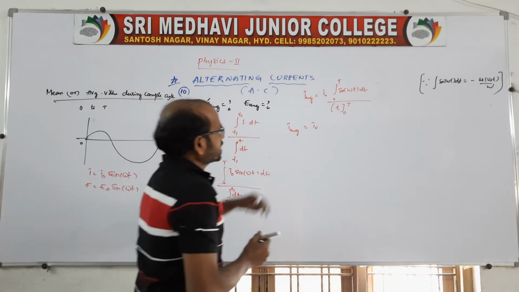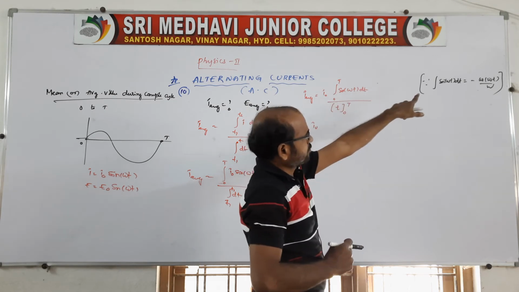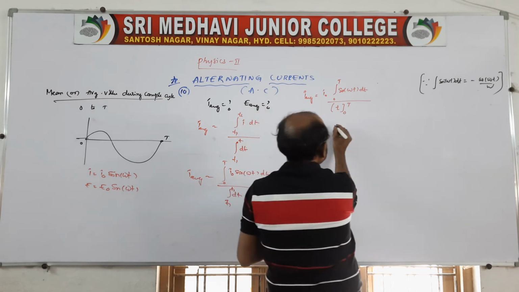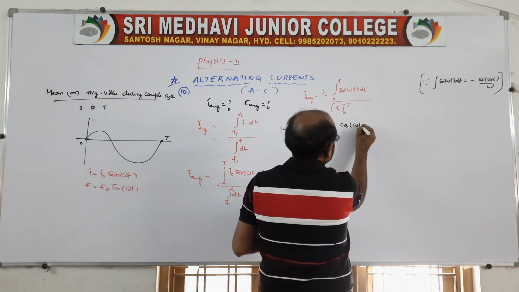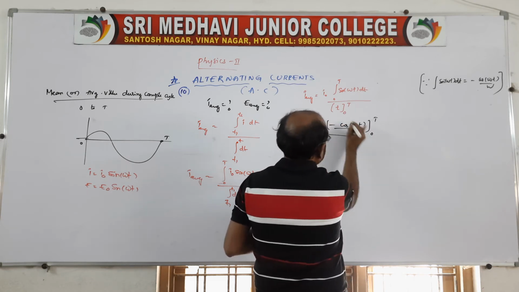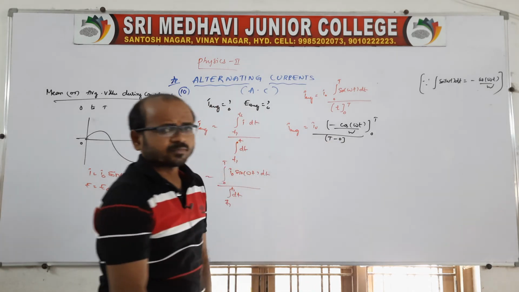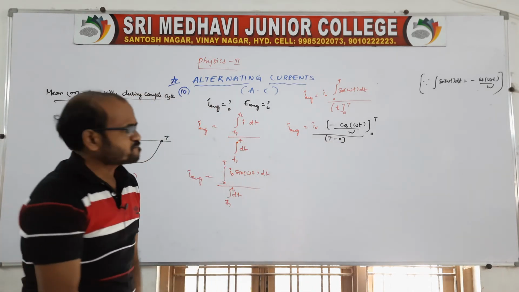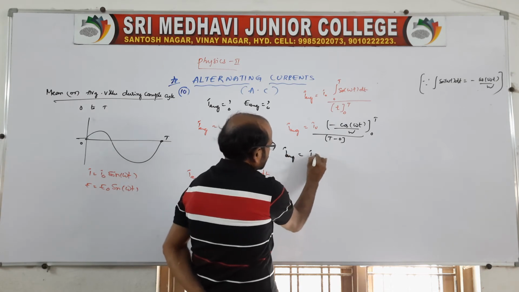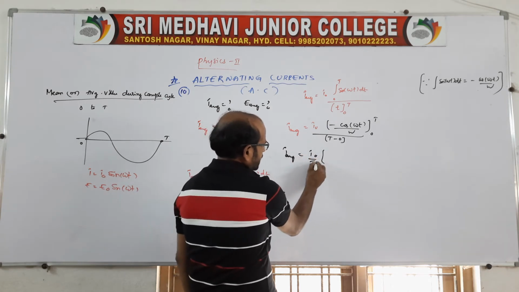So now directly you replace, from 0 to capital T, sin omega t dt with minus cos omega t by omega, from 0 to capital T. Here, capital T minus 0, because the limits are given: upper limit minus lower limit. Therefore I average is equal to I naught by T, and omega you also take out.